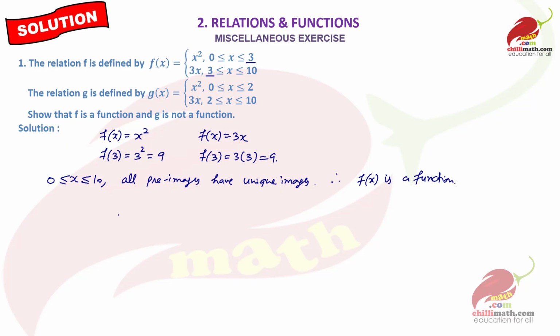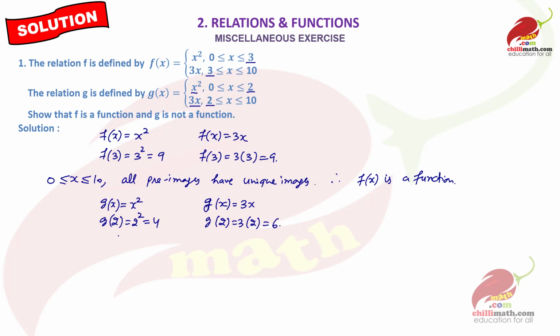Second is g(x). So again here we'll check at the suspected point, that is 2. So at this 2 we have x square as a function. So g(2) is equal to 2 square, that is 4, and also it's given equal to 3x, so at 2 it is coming equal to 6.